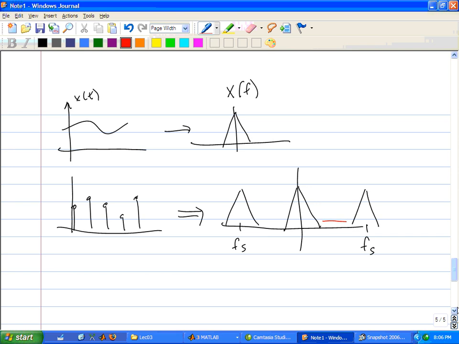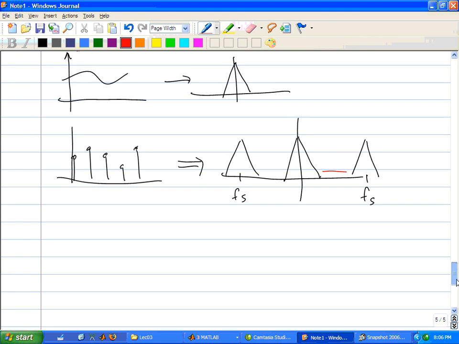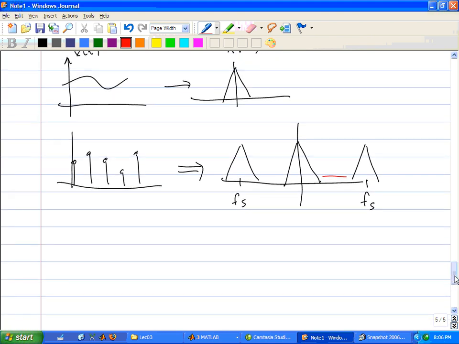Well, it's exactly the same thing now, except instead of sampling in the time domain, we're sampling the frequency domain. So in other words, you had a signal that's continuous in frequency.